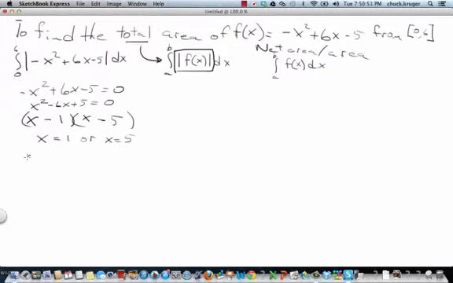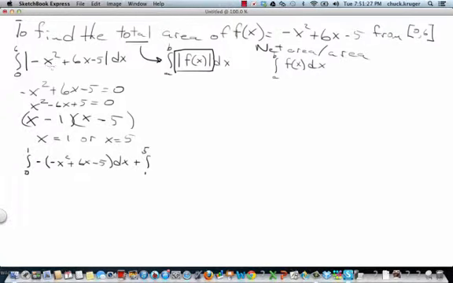So that means I'm going to integrate from 0, that was my initial a, to 1, and if I put 0 in this equation, I get a negative 5. So I know from 0 to 1 I have negative values, so I'm going to take the opposite of those y values, or the opposite of negative x squared plus 6x minus 5 dx. And then I'm going to add to it, I'm going to integrate from 1 to 5, and that's the portion that's above the axis.